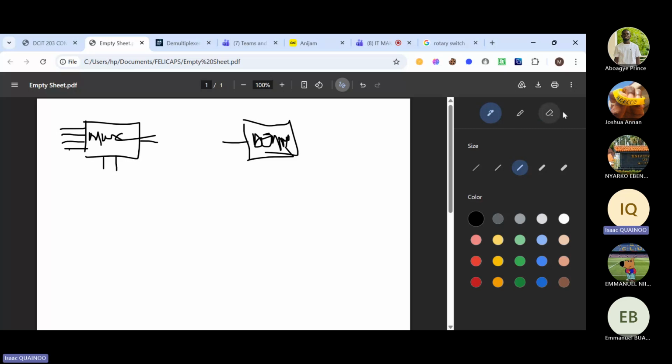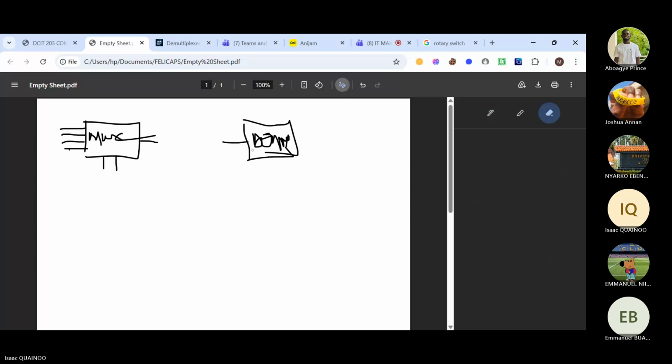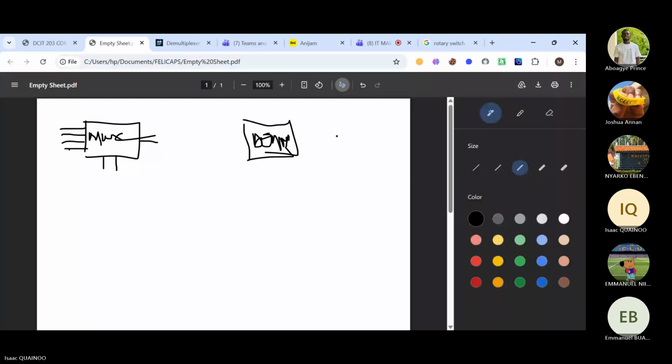So a demux will take one input and then route it out to several output channels, right? So we have D0, D1, D2, D3, or you can use Y indicating our output.